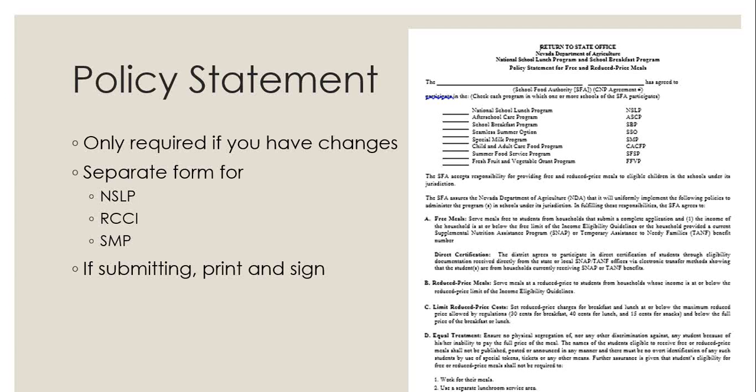So if we have a current one for you on file and you didn't change anything from last year, we don't need you to submit one, which I'm sure some folks will be happy to hear. We have a separate form for our NSLP sponsors, our RCCI sponsors, and those just participating in special milk. So you'll want to go ahead and look for the one that applies to you and complete that. If you're in a situation where you'll need to submit one to us, you're going to print and sign that and send that on in.